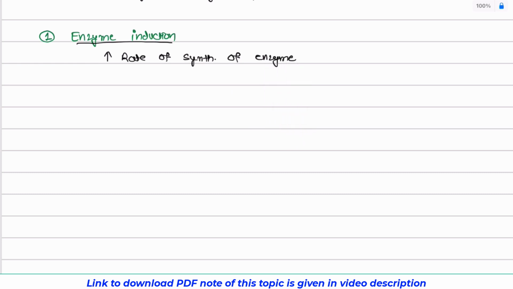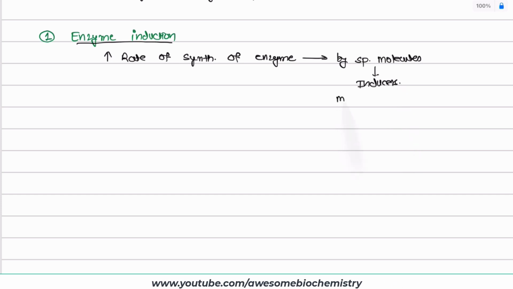Now this increased rate of synthesis of enzyme is carried out by some special molecules. These special molecules are known as inducers. Mostly these inducers are either hormones like insulin, glucagon, or they are the substrate of that enzyme, right?